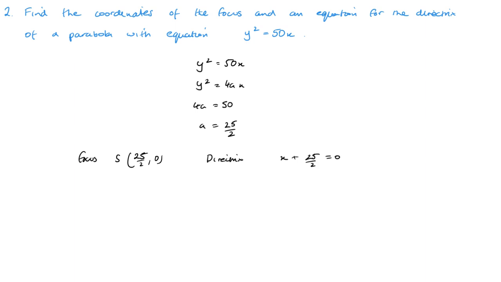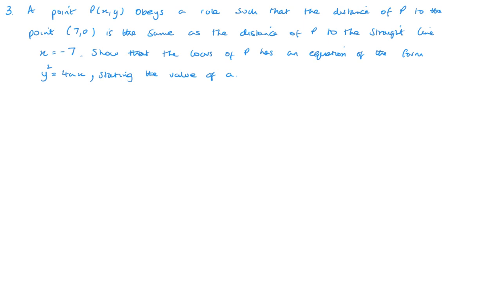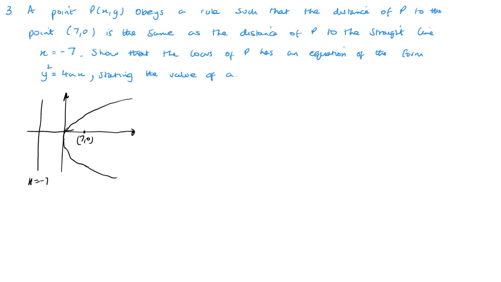Now this one is a good idea to draw a sketch, and the reason for the sketch is not only it makes it obvious what you're doing, but when you put values or letters onto the sketch, then it makes it obvious. So what I mean by that is we've got this point P, (x, y).